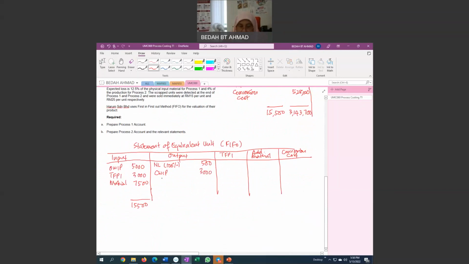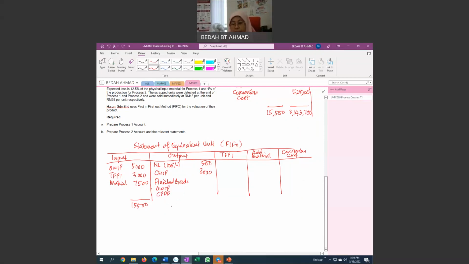Then we have the finished goods. For the finished goods, you need to differentiate the opening work in progress and the completed production, CPDP. CPDP stands for the completed production during period, which is the input unit started and completed during the current period, not brought forward as the opening work in progress.